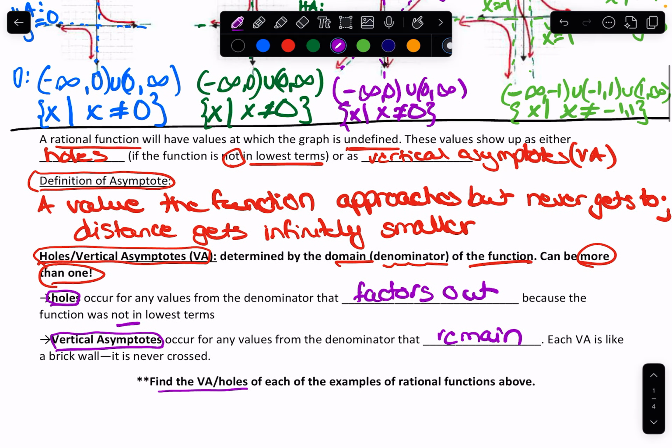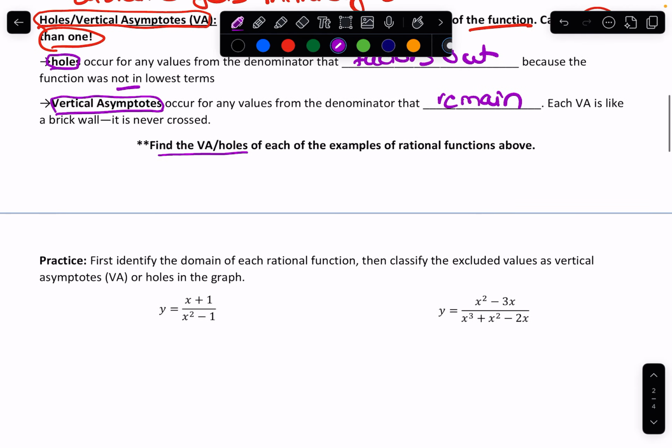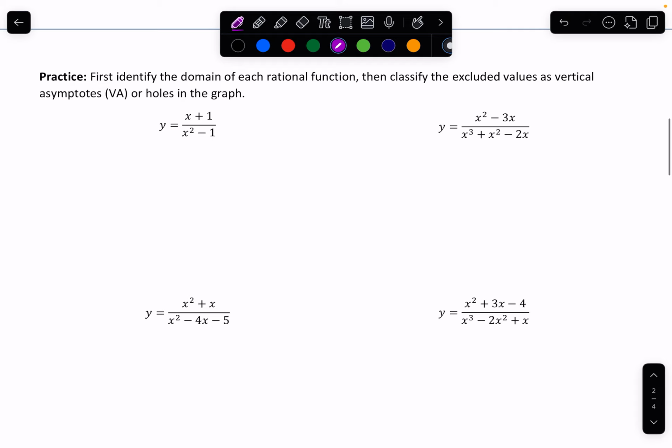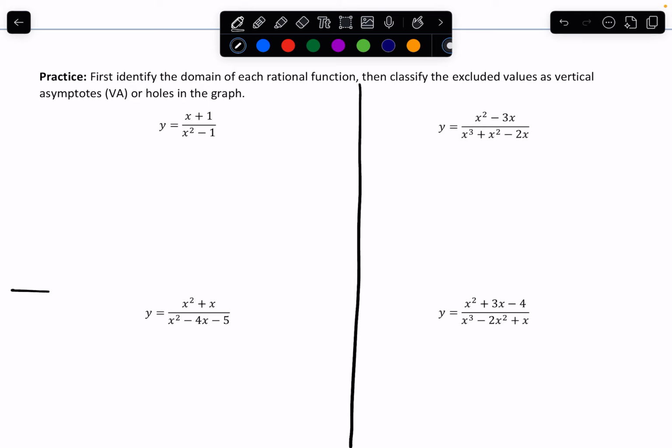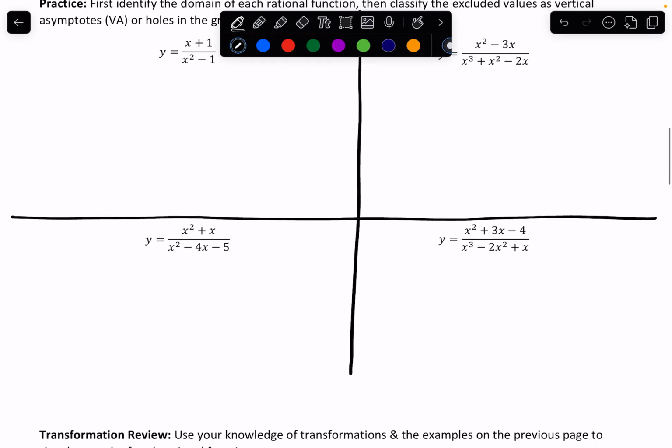Okay, so practice. First, hold on a second. Before I do any of that, let me draw some lines here so that I'm not trying to keep all of it where it's supposed to be.